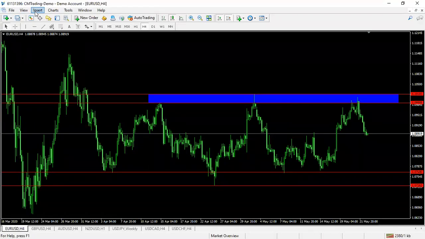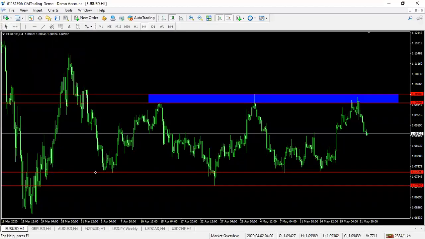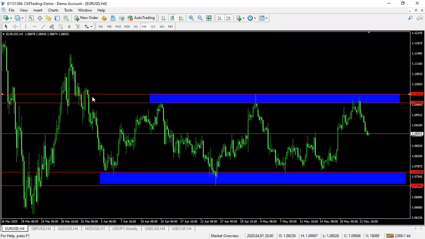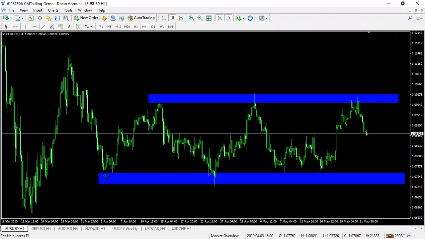Okay, so insert shapes, rectangle, tunataka kuchora hii ya chini from this point to this point. Okay, so that is what you have. And then just delete your support and resistance lines. Okay, delete. So this is what you have, and it's very simple.